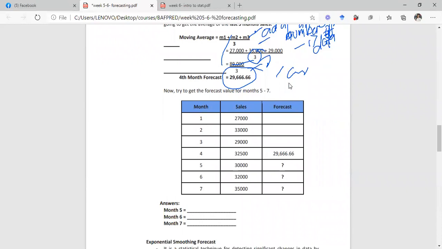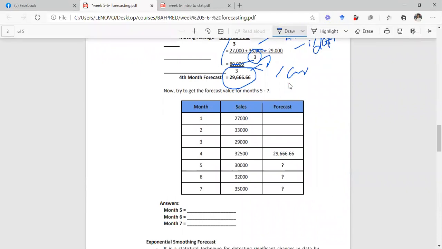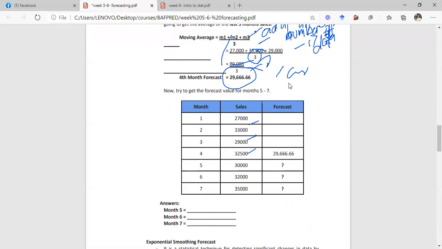So what about month 5? In month 5, we are going to compute the forecast of month 5. So we go backward 3 months.